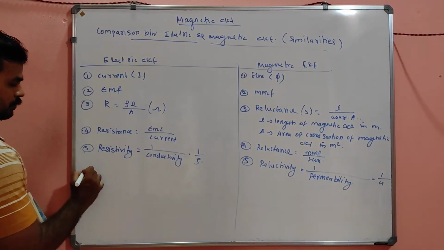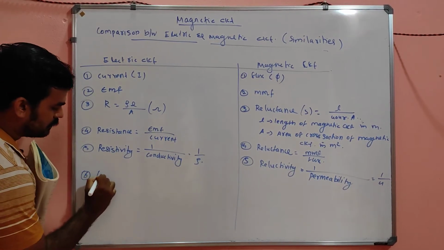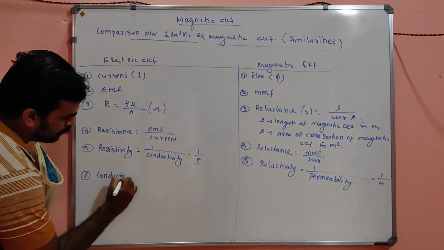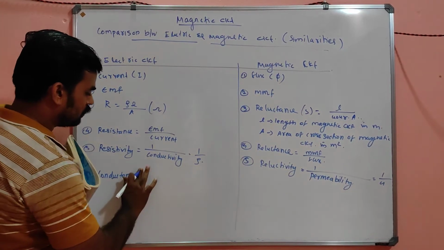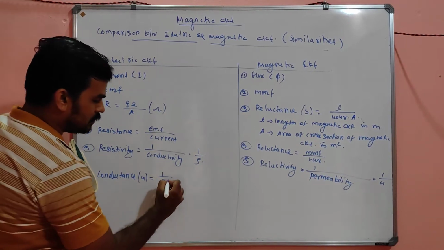Next similarity is conductance. G is equal to 1 by resistance.